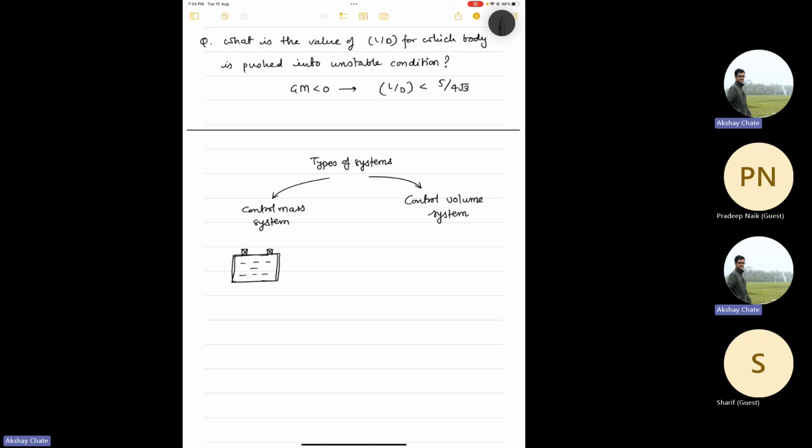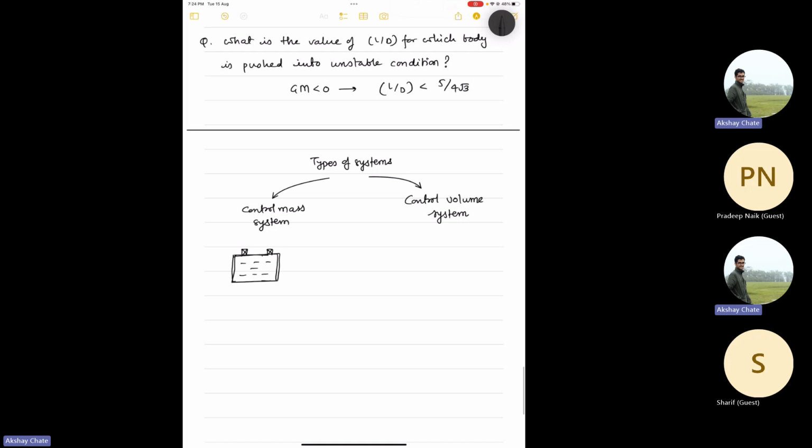So there is no mass interaction from the system to the surrounding. That is your control mass system. Actually, the correct definition is not that the amount of mass should be the same.